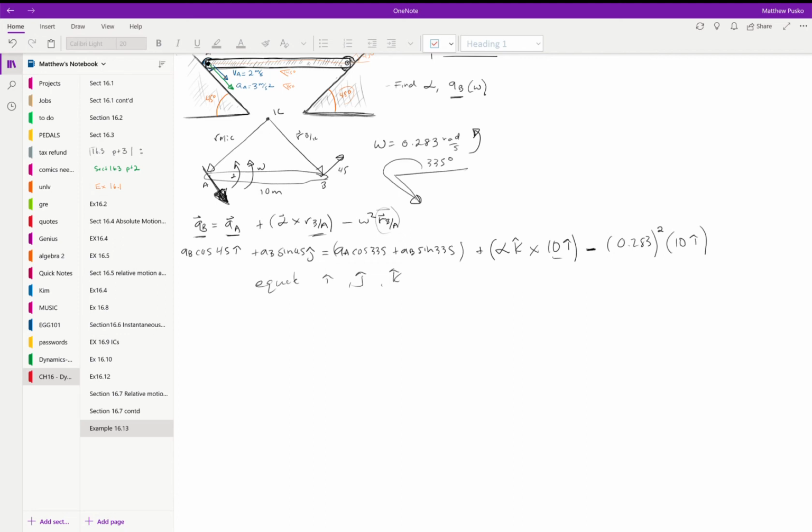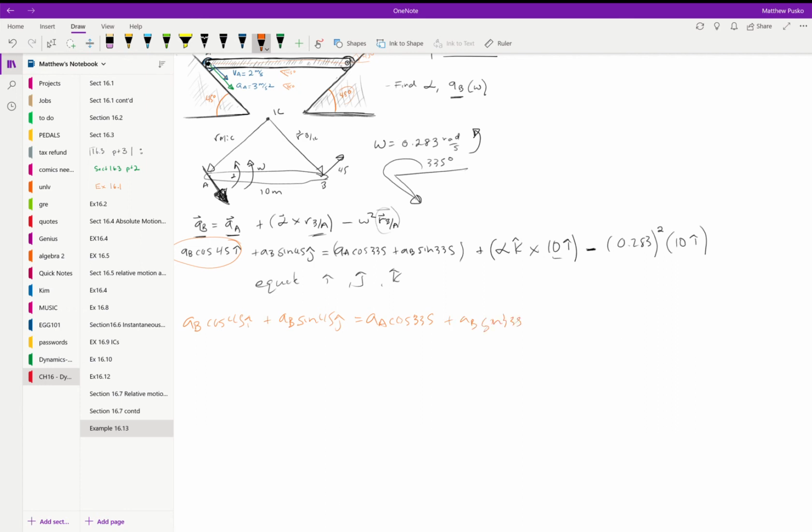What we'll get is an I. Let's use some color. We have an I component here. I better carry this out. AB cosine 45 I plus AB sine 45 J is equal to, I'm just copying down so far, AA cosine 335 plus AA sine of 335.